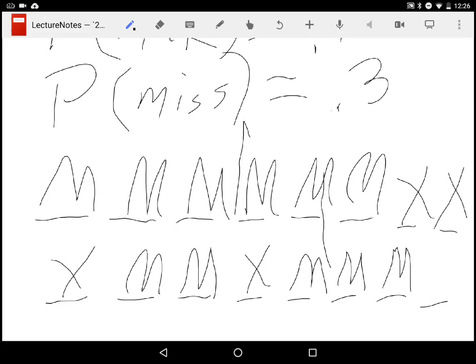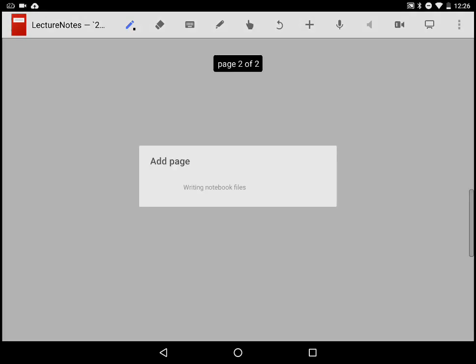Okay, and then there's a number of ways to arrange this, right? So let's just focus on the first scenario in which he makes the first 6. Okay, so I'm going to go to a new page now.